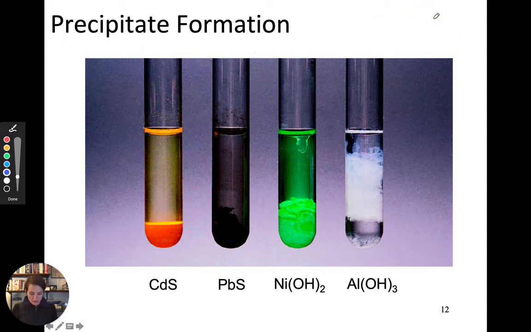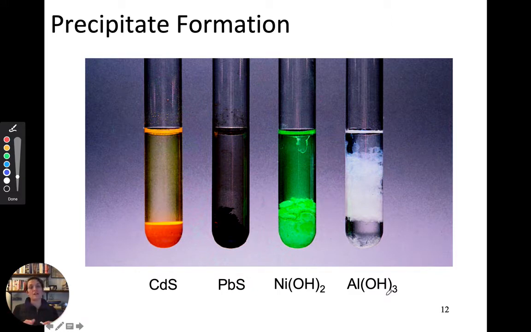So in each one of these 4 test tubes, we have the product of a precipitation reaction. The name of the precipitated product is just beneath the test tube. And for each of these reactions, you would have had 2 reactants that were homogeneous solutions, right? So mixtures that do not have distinguishable parts.